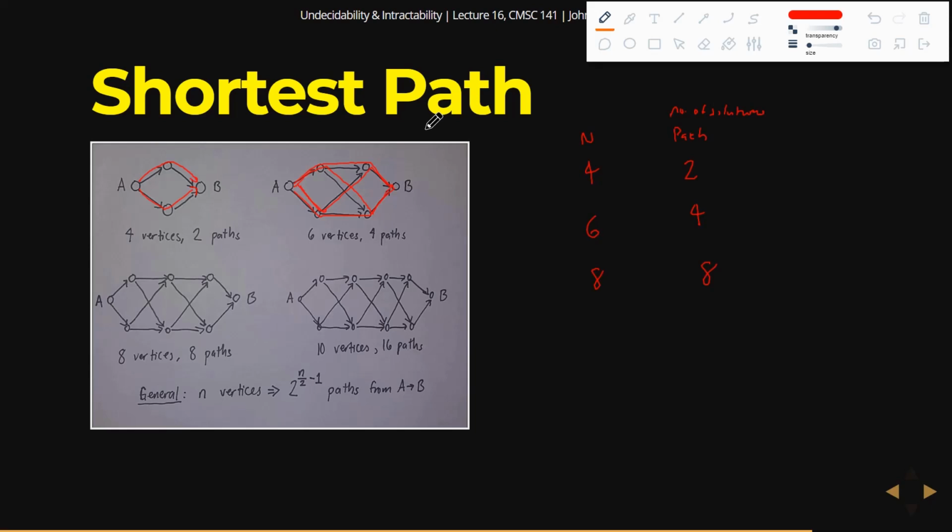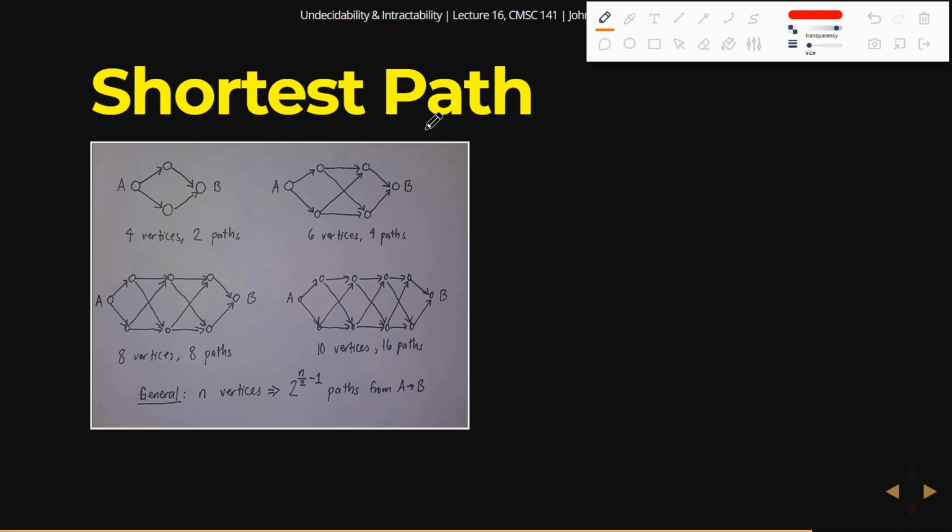So you have 1 at the top, 2, 3, 4, and then you can take this 5, take this 7, 5, 6, or you could take this 7, or you could take this 8. So there are 8 possible paths, and then for here 10 has 16.